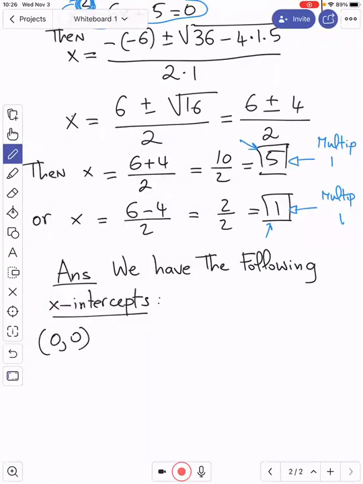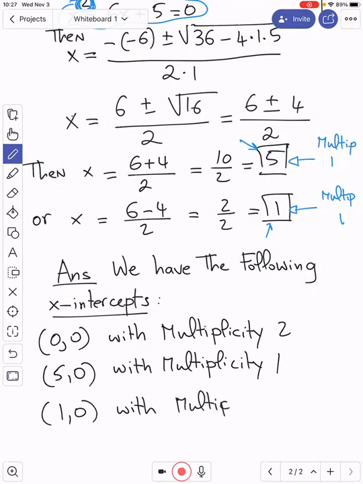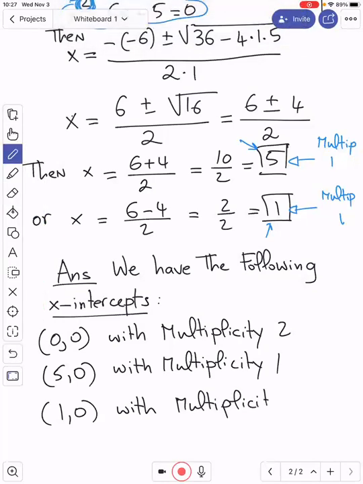So (0, 0) with multiplicity 2. We got a 5, multiplicity 1. And then we have the 1, 0. Oh, sorry, multiplicity 1.